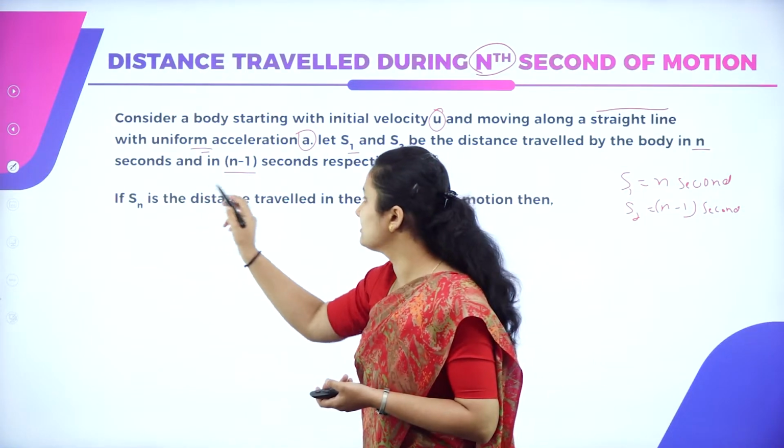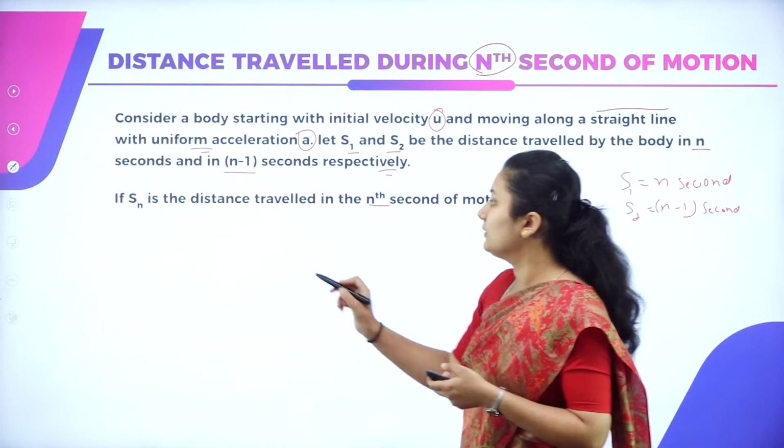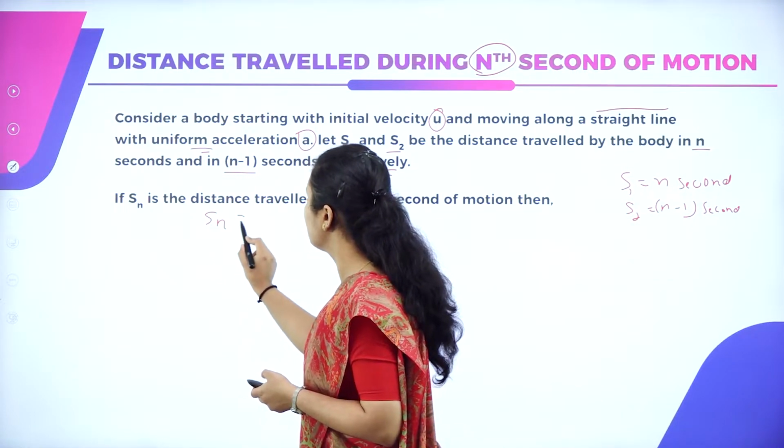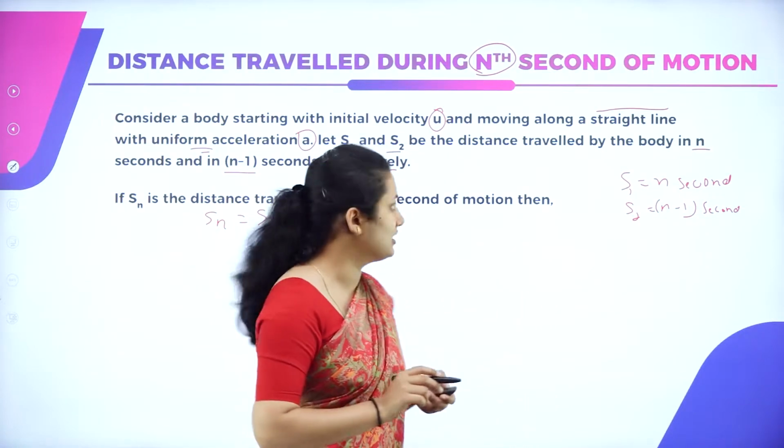If Sn is the distance traveled by the body in the nth second of motion, then we can write Sn is equal to S1 minus S2.